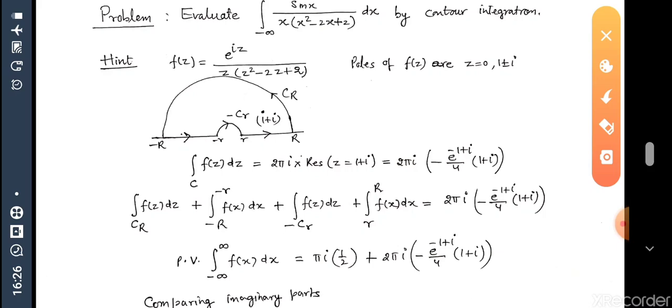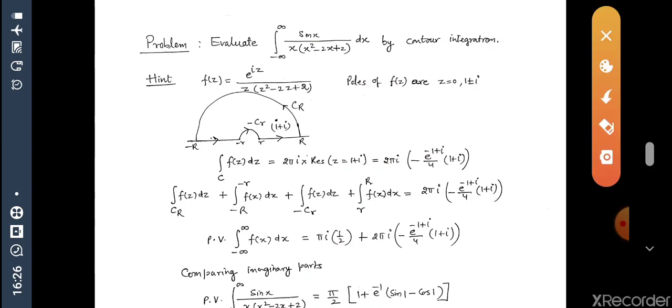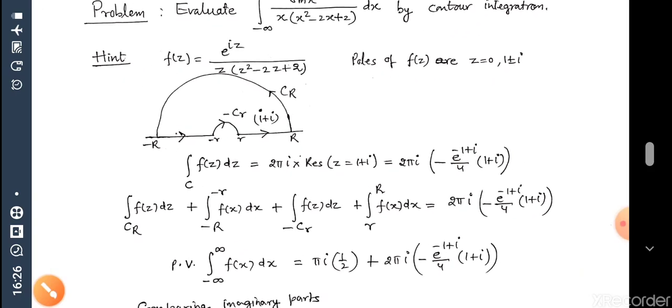We are given to evaluate the integral from minus infinity to infinity of sin x upon x into (x squared minus 2x plus 2) dx by contour integration. First, we see that in this question a trigonometrical function is multiplied by a rational function.